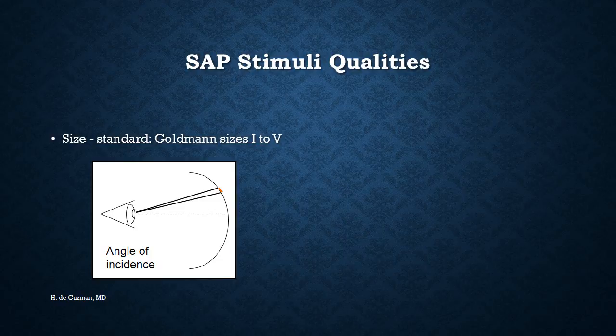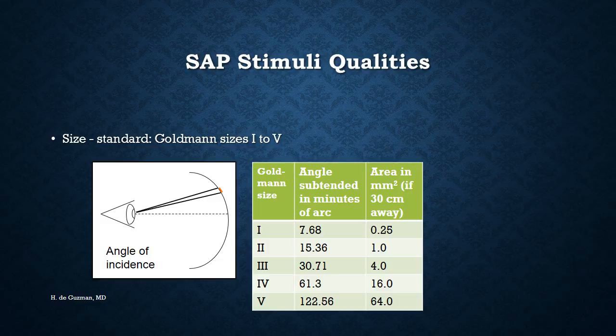Traditionally, perimetry stimuli were described according to the angle of incidence. But since most perimeters these days test the patients at a distance of 30 centimeters away, it has become the standard to just use the Goldmann sizes, which were previously described in terms of the minutes of arc they subtended, but now they are described in terms of their area in millimeters squared.